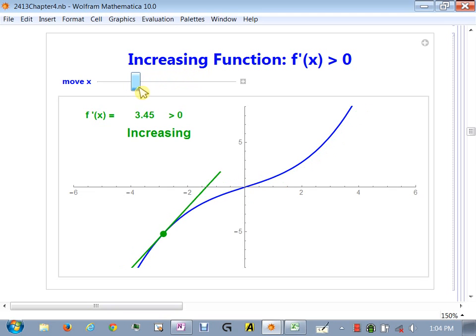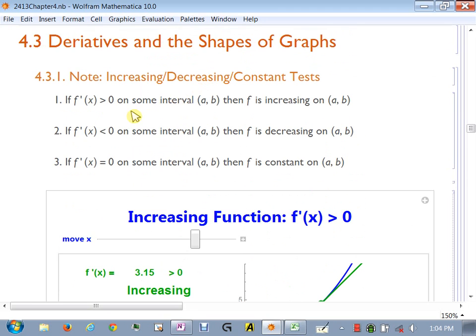So when a function is increasing, the derivative must be positive for that to happen, right? It's going up, so the slope of the tangent line must be going up also. That's what the first note here says. If the derivative of the function is greater than 0, positive, on some interval AB, then the function f is increasing on that interval. Make sense? Yes?